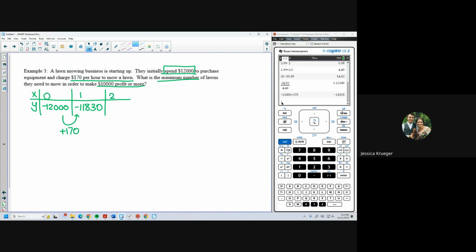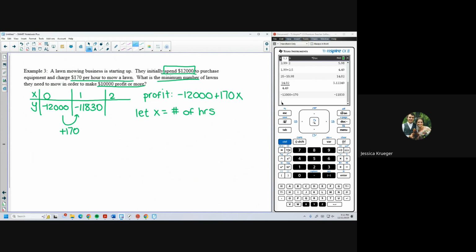So their profit is represented by the expression negative 12,000 plus 170x. And what does x represent? Well, I'm going to let x equal the number of hours that they're mowing lawns.